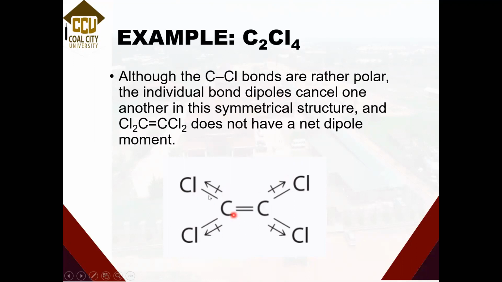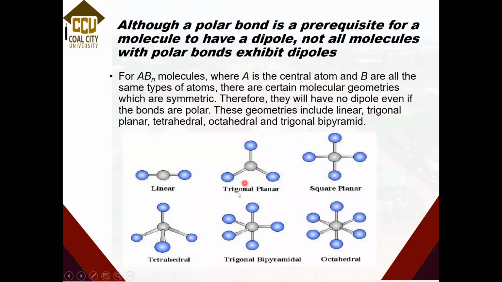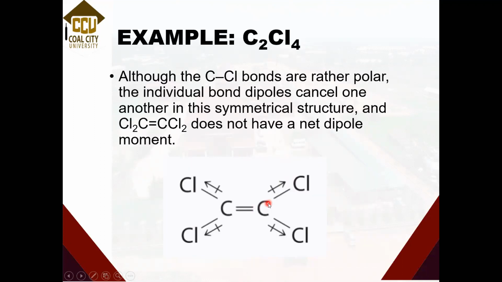Why? The structure you can see here is what we call trigonal planar. Each of these carbons has a trigonal planar geometry. So you ask me, how do I know that the structure around these carbons is trigonal planar?